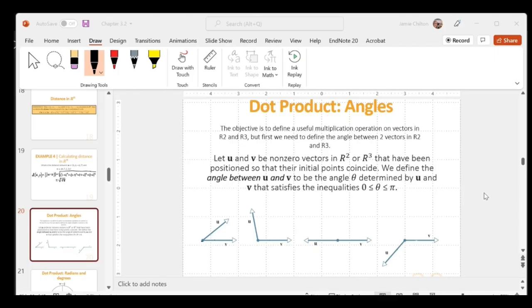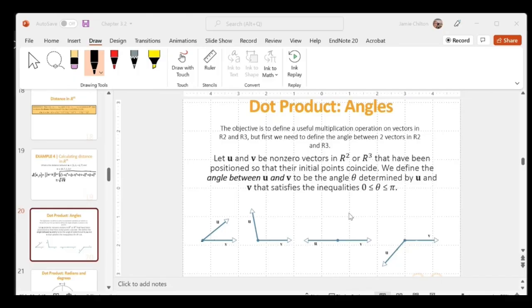So here, when they're initially describing this, they want you to realize that this is going to be in 2 dimensions or 3 dimensions. So they've got, let u and v be non-zero vectors in R2 or R3. And here they're positioned so that their initial points coincide. You'll notice that in each of these little figures here.